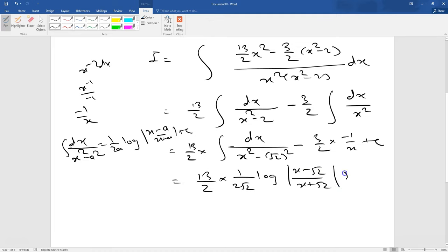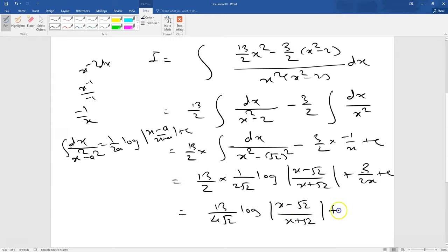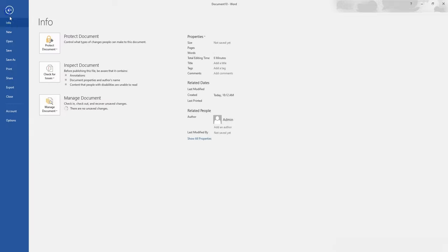And then minus minus plus 3 by 2x plus c. Okay, that's done. So 2 into 2 is 4. So 13 by 4 root 2 log of x minus root 2 upon x plus root 2 plus 3 by 2x plus c. That's the answer. Easy. That was pretty easy, right? So that's how you need to solve it.